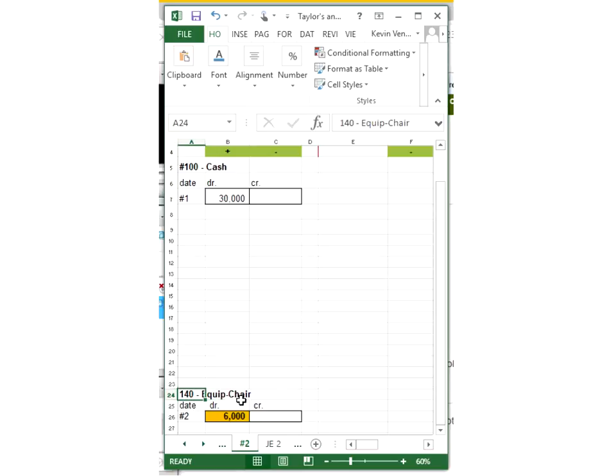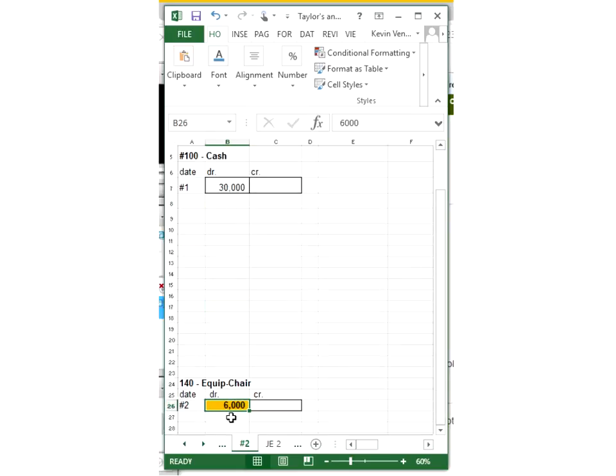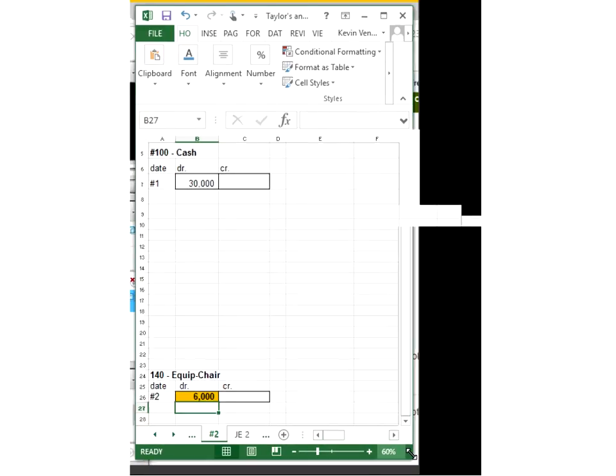And then I'm going to say exactly what that piece of equipment is, because most likely I'm going to have more than one type of equipment later on. Okay, so does it make sense that my chair was a positive amount? That I have a positive amount of worth in the chair? That makes sense. And then second, I need to think, how did I get the chair?